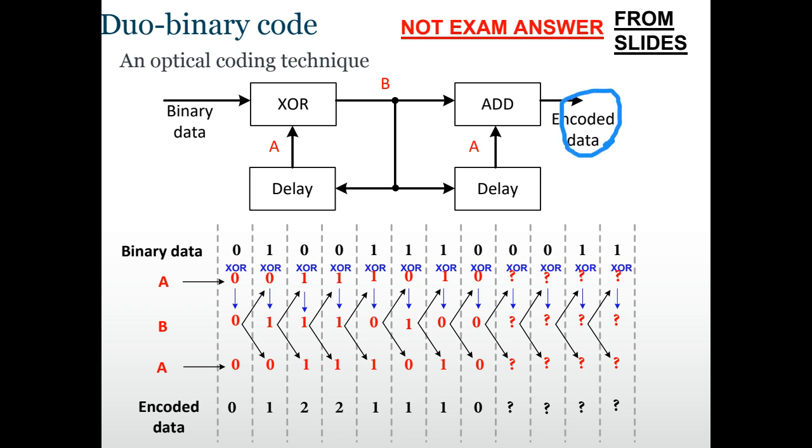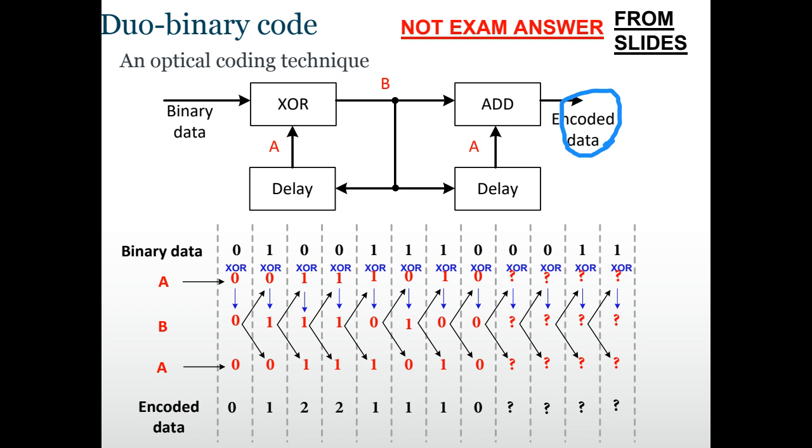The reason is that we want a narrower optical bandwidth. We'll look at that a little bit later again. Sometimes we do coding either for favorable bandwidth performance or better error performance against noise or dispersion.